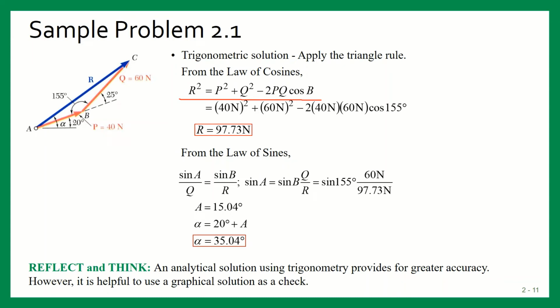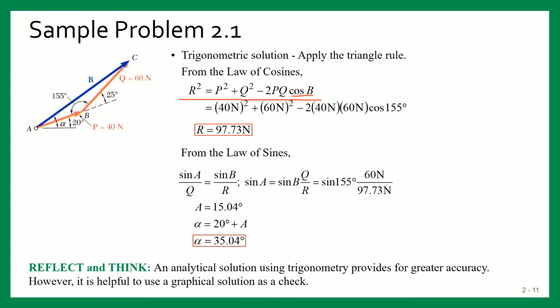The law of cosines says that the resultant of two vectors will be the square root of p square plus q square minus 2 pq cos b, where b is the angle between the two vectors.